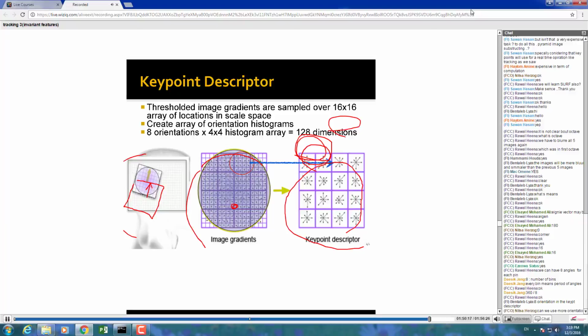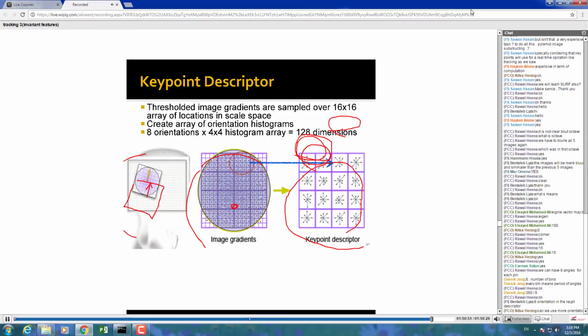Any question? I think that's all for today, and we'll discuss a little bit more next class, and we'll move to the next topic. So basically, this is almost everything about invariant features, especially SIFT features. So keypoint detection using scale space of DoG images, and localization.